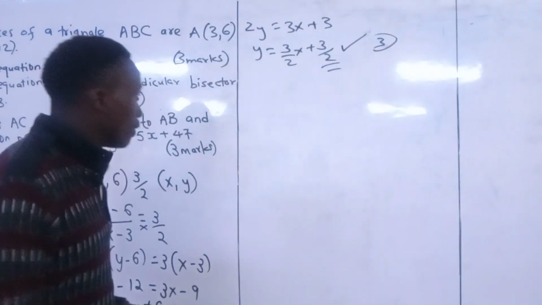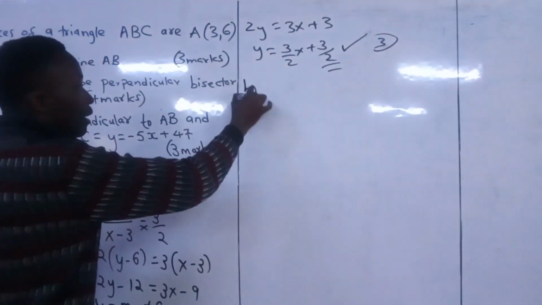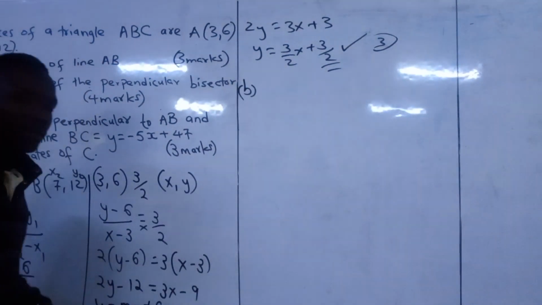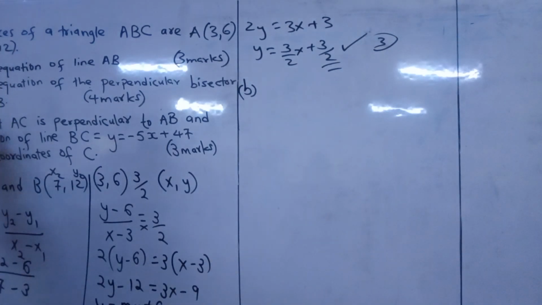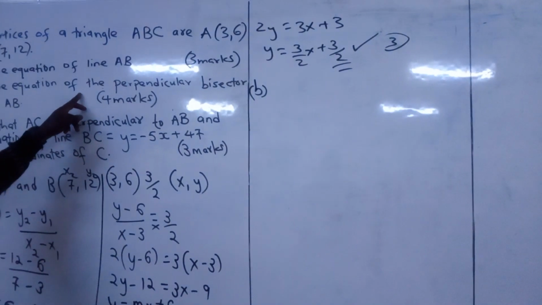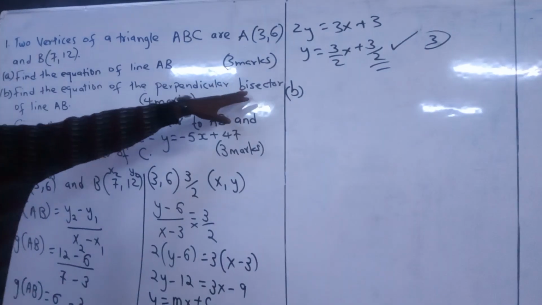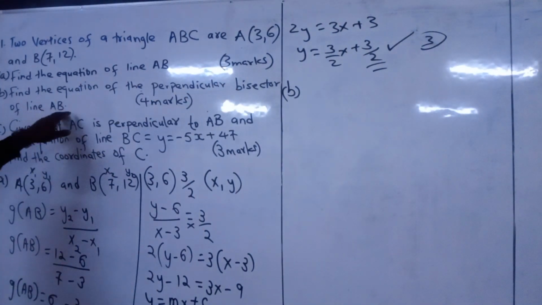In our second question, that is B, let's continue. B says, find the equation of the perpendicular bisector of line AB.